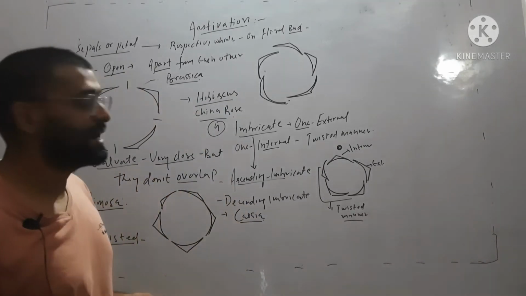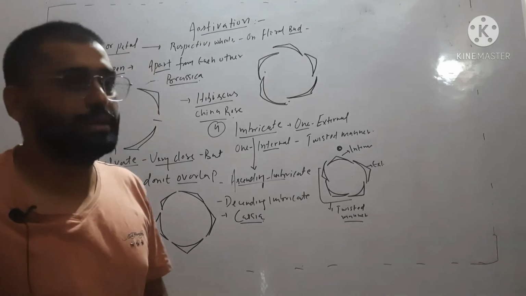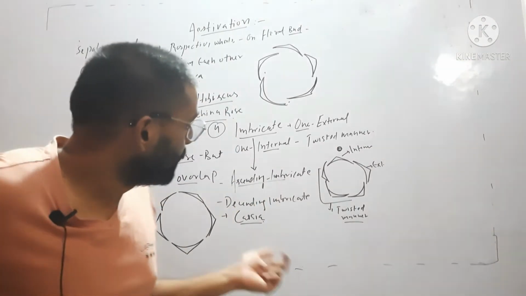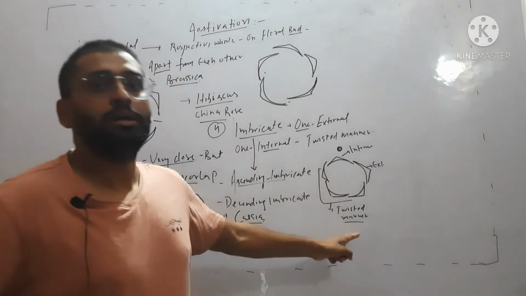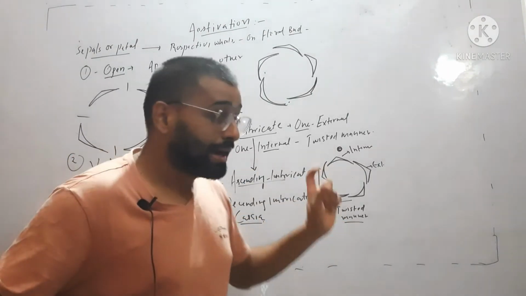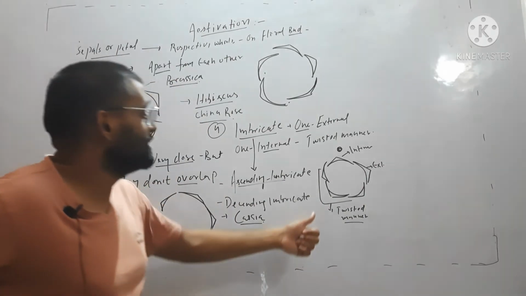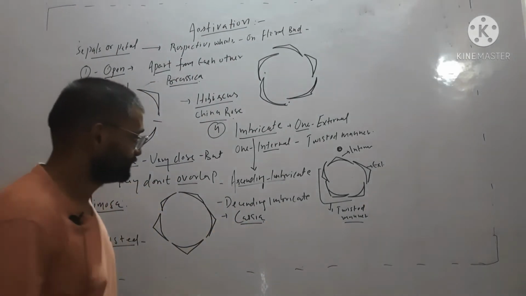Next is descending. In descending imbricate estivation, the petal toward the anterior side, opposite to the mother axis, is internal.